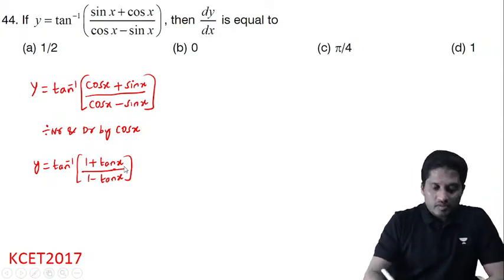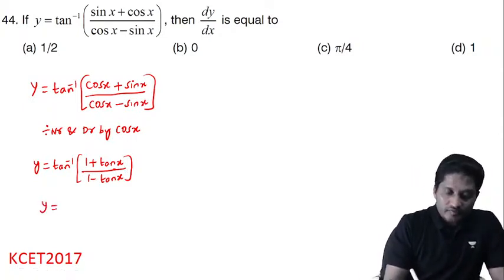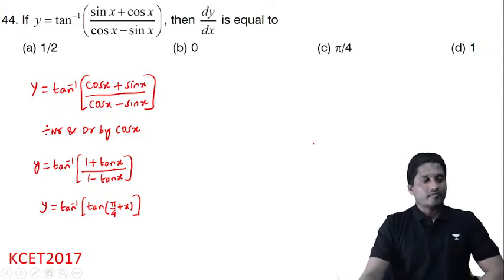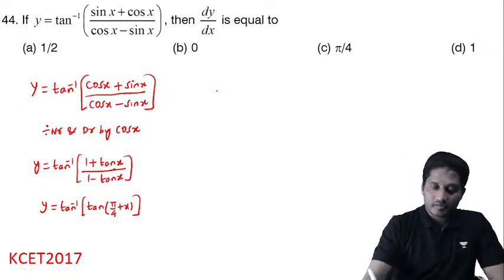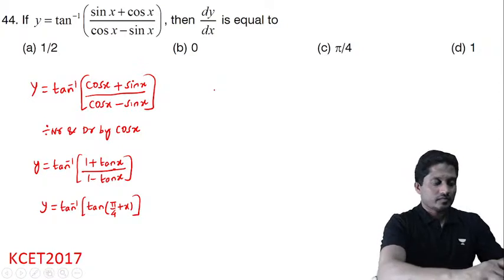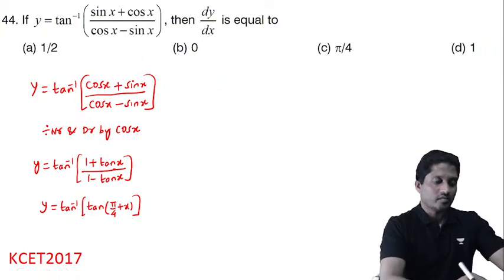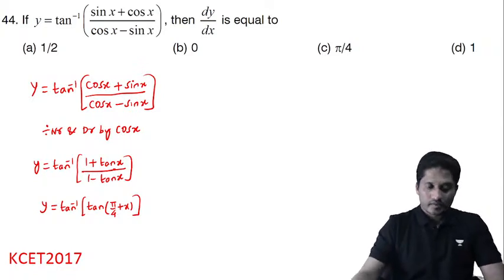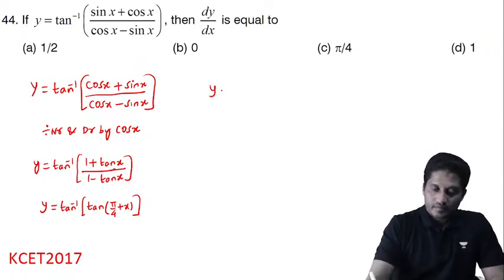Right, now y is equal to tan inverse of (1 plus tan x by 1 minus tan x), and 1 plus tan by 1 minus tan is tan of (pi by 4 plus x). So I can write y is equal to pi by 4 plus x only.